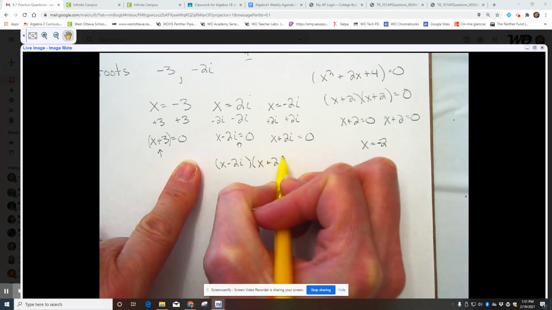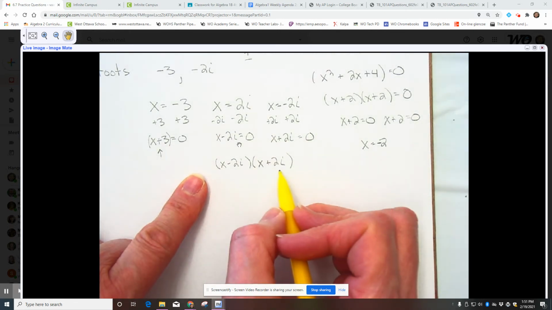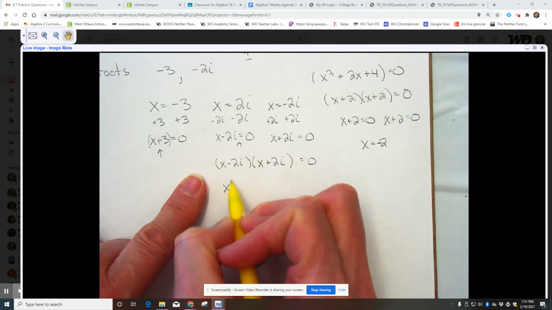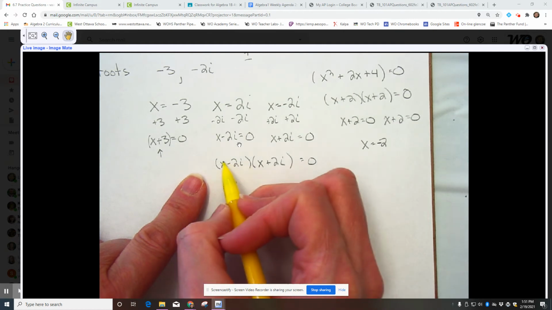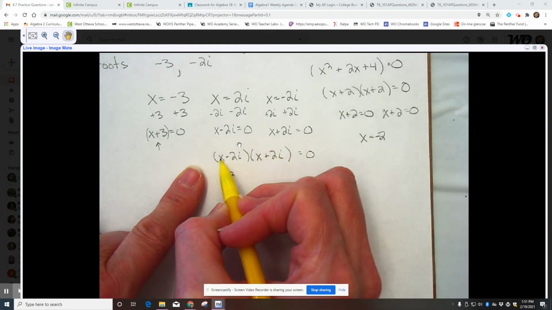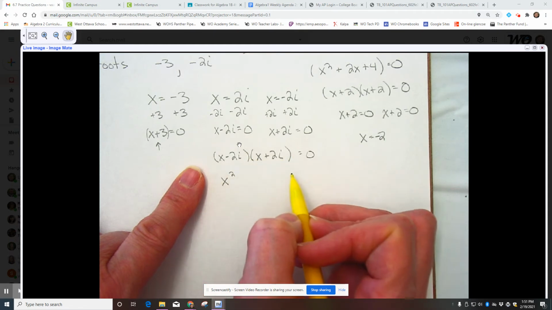We call these complex roots because they have that i in them. So I'm going to multiply this. I'm going to multiply first times first. I get x squared. I don't know what method you used for multiplying, but basically I have to multiply this x by both of these and this negative 2i by both of these.